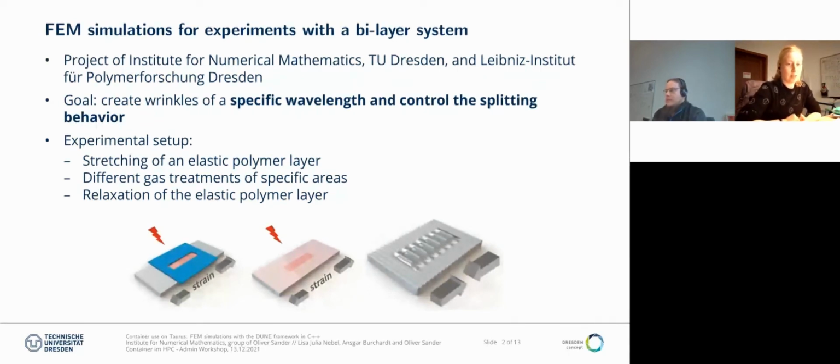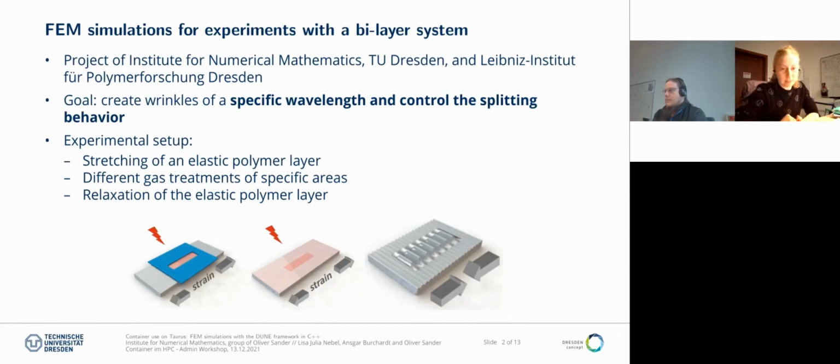That is a project of the Institute for Numerical Mathematics at the TU Dresden here, and of the Leibniz Institute for Polymer Research in Dresden. And the goal of the simulations and the experiments is to create wrinkles of a specific wavelength and control the splitting behavior when we have wrinkles of one wavelength transforming into wrinkles of another wavelength.